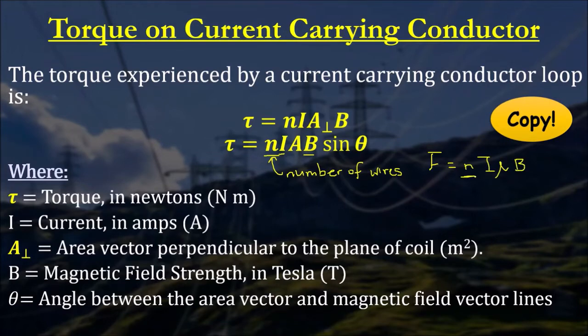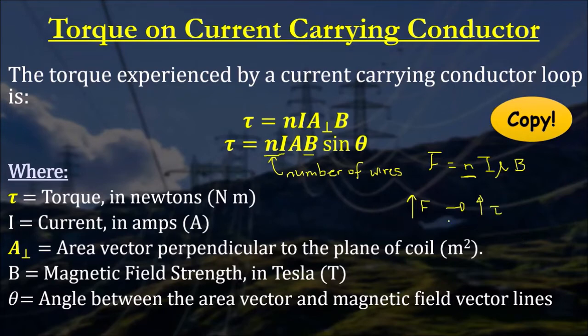If I increase the number of wires, there's greater force being applied onto the wire. So if I have a greater amount of force, I'll also get a greater amount of rotation, or torque.